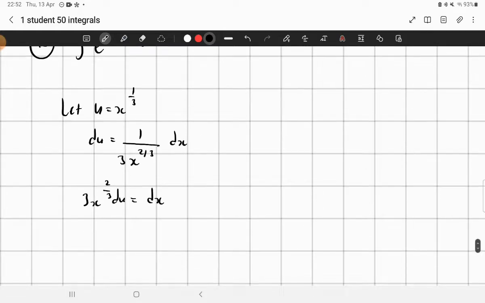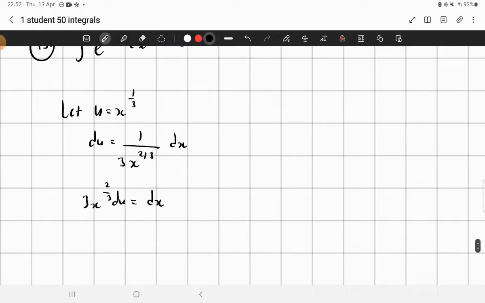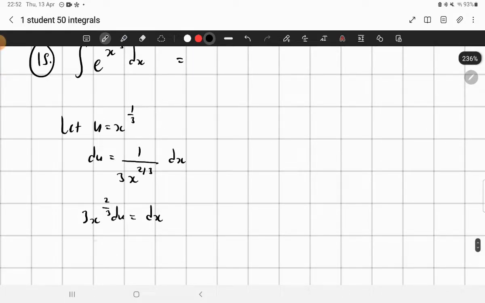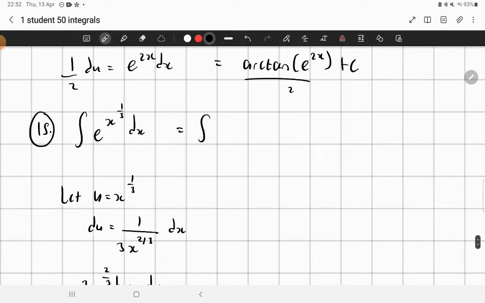We know that by squaring u, we could express this as 3u squared du equals dx. So from here, you have 3u squared times e to the power of u du.